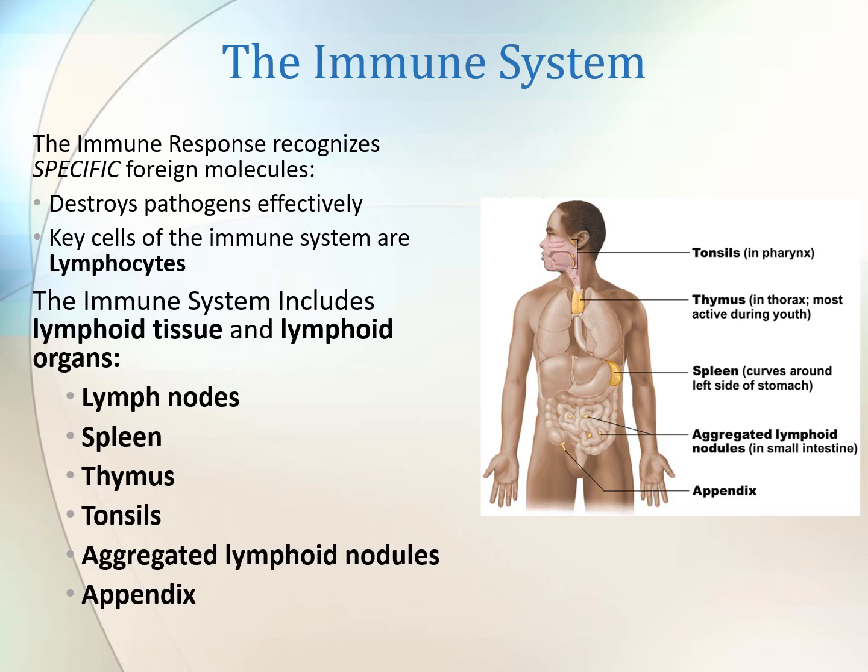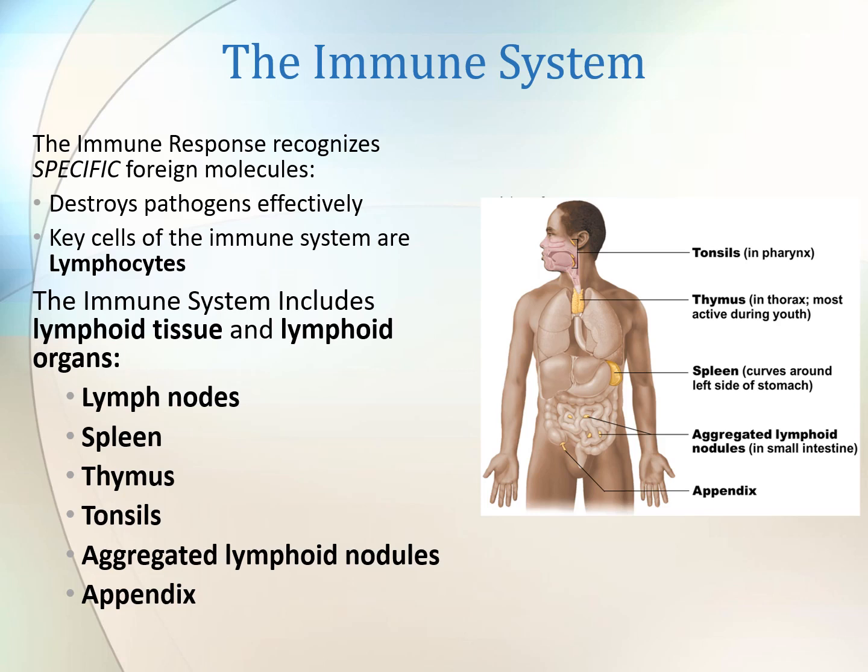We also have some tissues and organs that we talk about when we talk about the immune system. We've already talked about the lymph nodes, right? They're lymphoid tissue. And we've talked about the spleen here and there, the thymus, tonsils are lymphoid tissue as well.